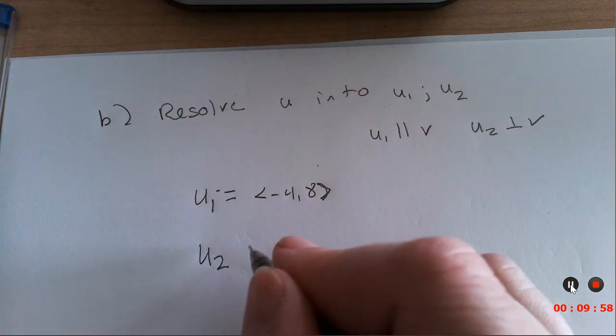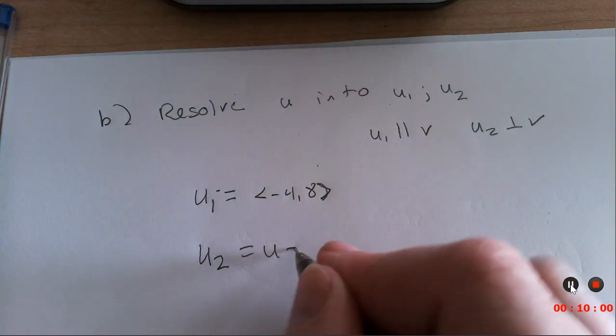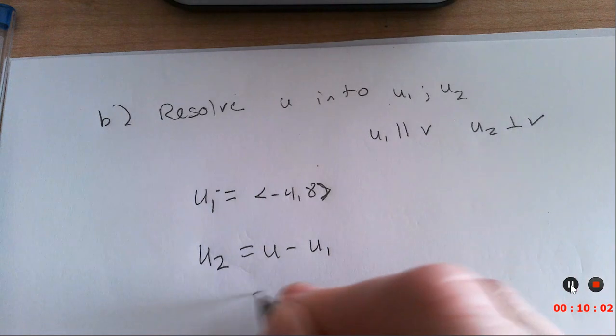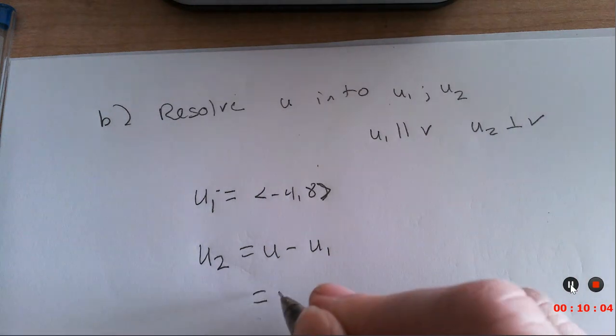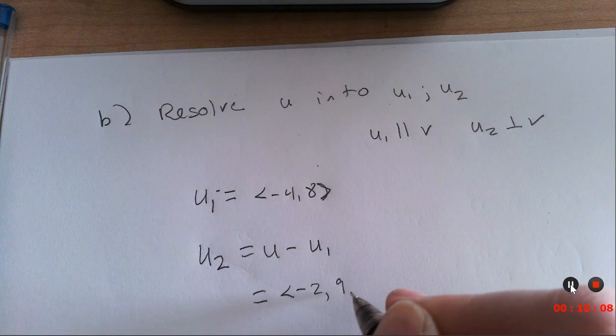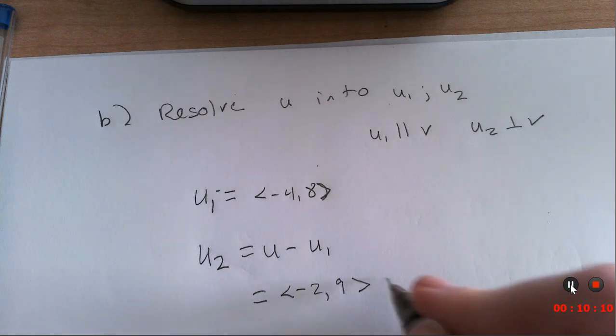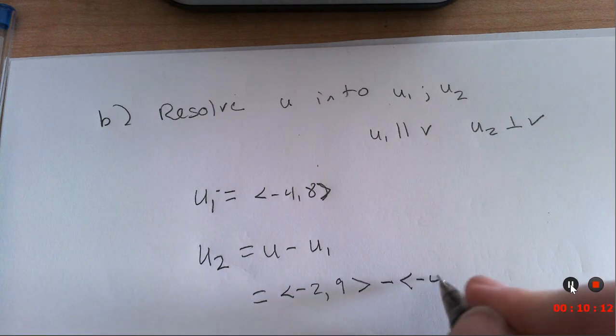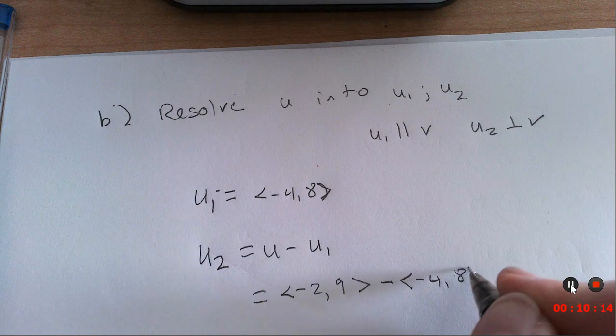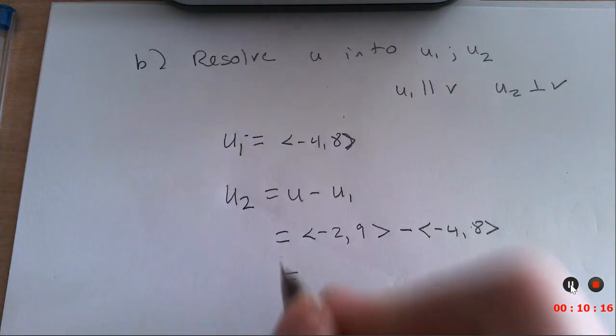So remember, u sub 2 was u minus u sub 1. So u in the example was negative 2, 9, and u sub 1 we just found is negative 4, 8. So this is simple vector subtraction.